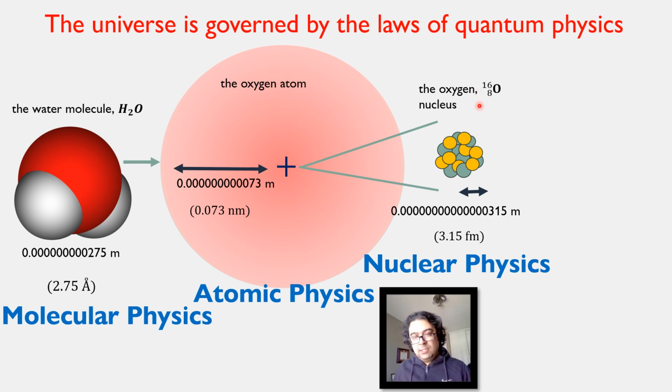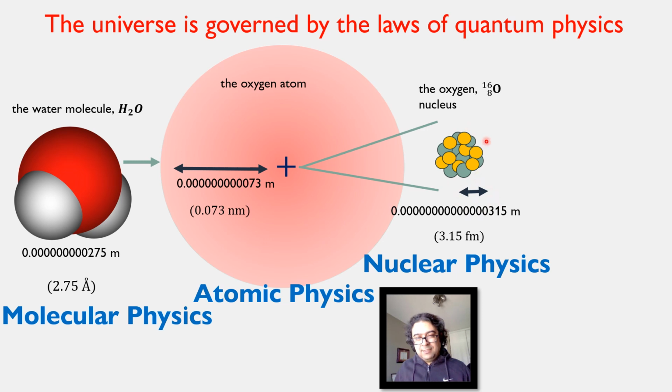The 16 just tells you that there are 16 nucleons in the oxygen nucleus, 8 of which are protons, which here I showed by the yellow little spheres, and the other 8 are neutrons. Neutrons are neutral electrically, that's why we call them neutrons. Protons, however, have a positive charge.